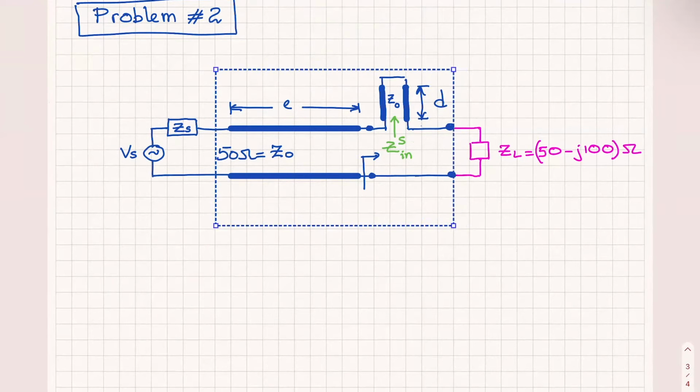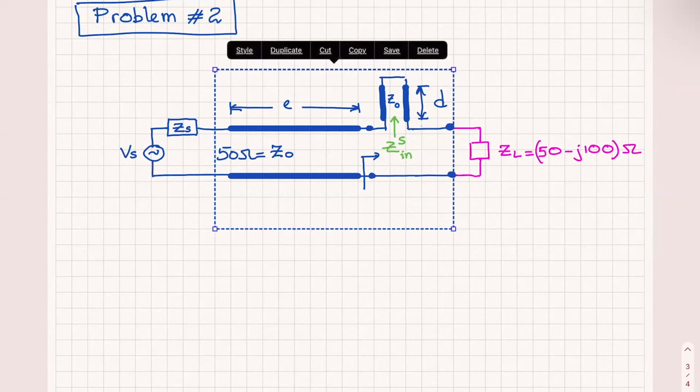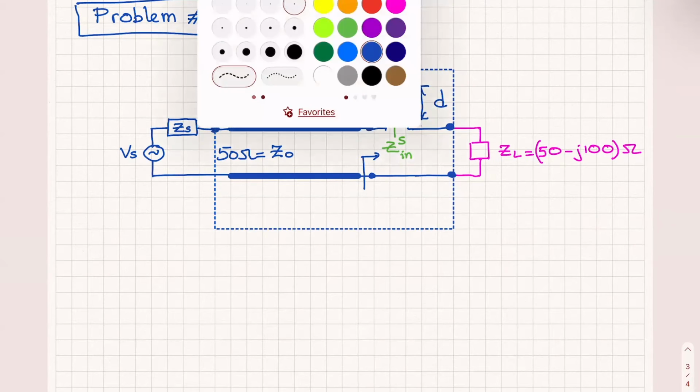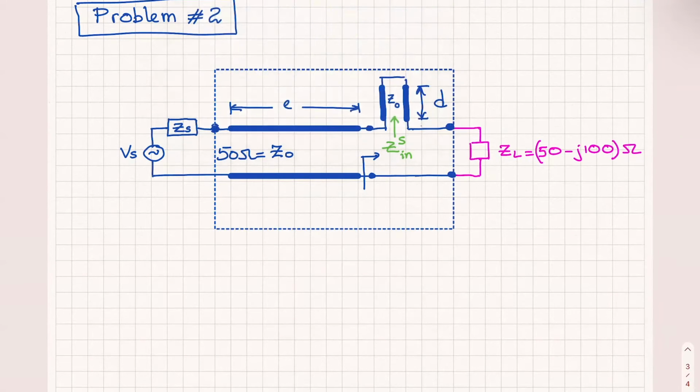All right, so this is coming here and goes there. I will leave this out. So all of the Z nodes are 50 ohms. Okay, now I know L, I know D.